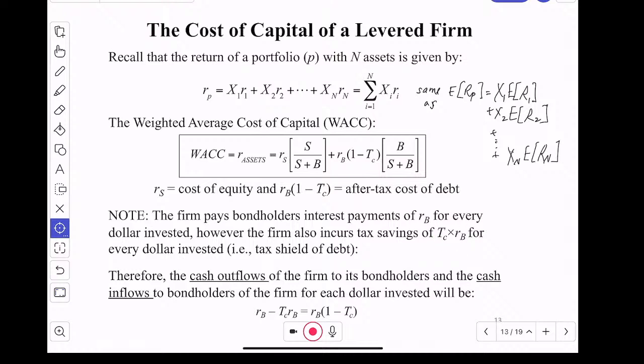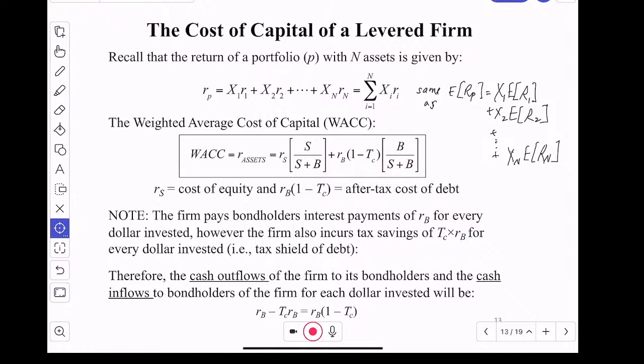This is what it looks like when you claim and reduce taxable income. This is the generated cost savings. You just take the rate times the tax rate times the amount that you're claiming. And this is per dollar. This is all per dollar.